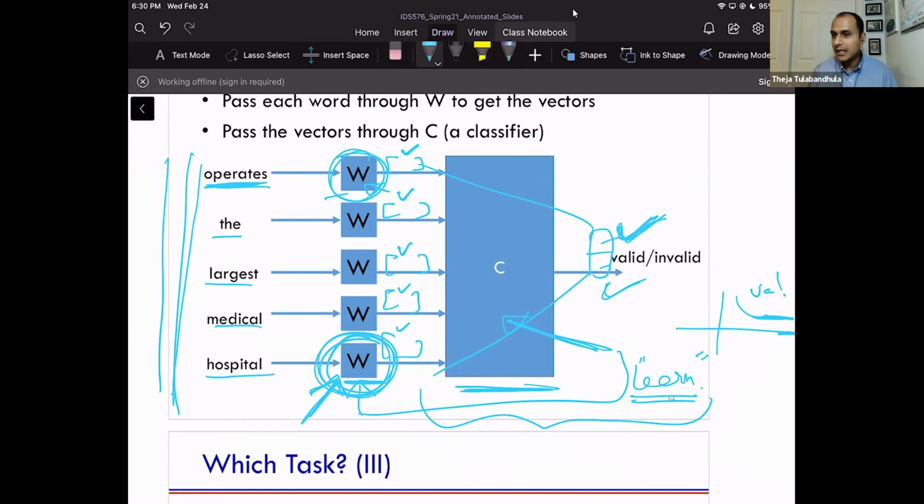We can start with random vector representations, let's say random 10 numbers for each word, a 10-dimensional vector for each word, and then change these numbers again and again, very similar to how we would change the parameters of a prediction model. After we finish training the classification task, we'll drop the classifier itself and just focus on the vector representation of words.